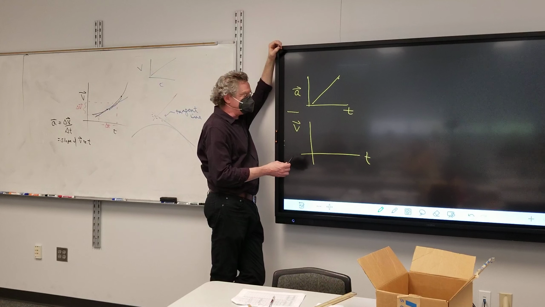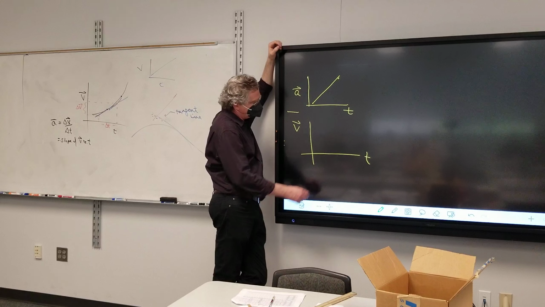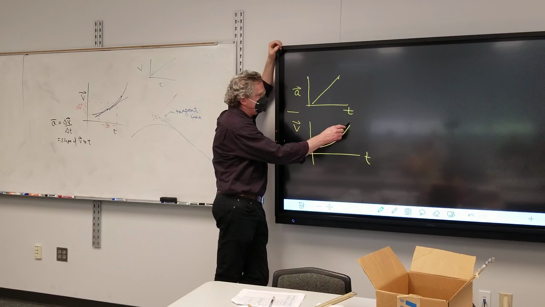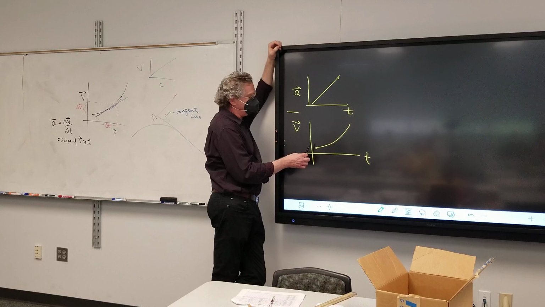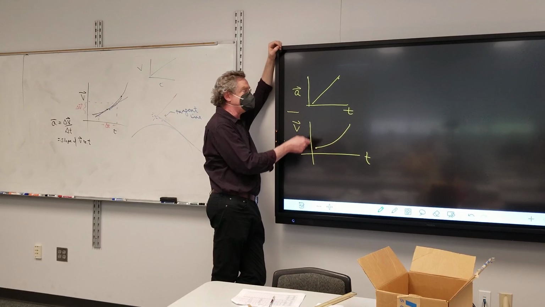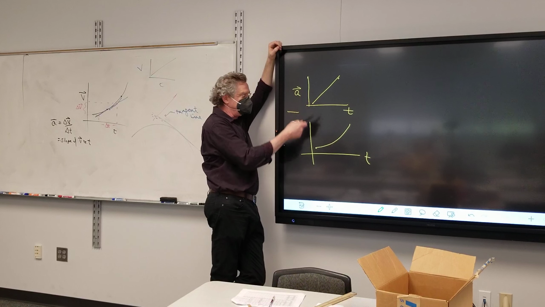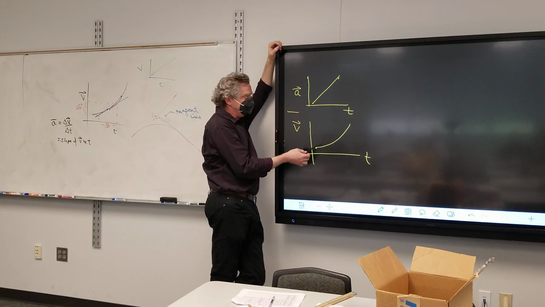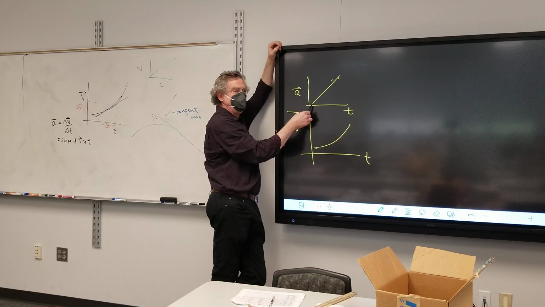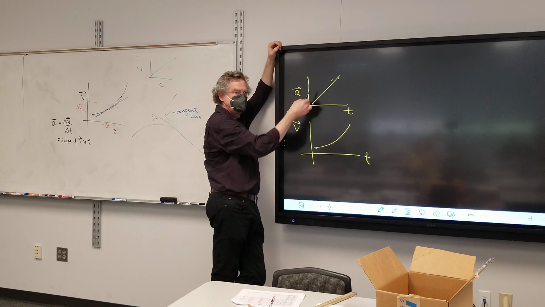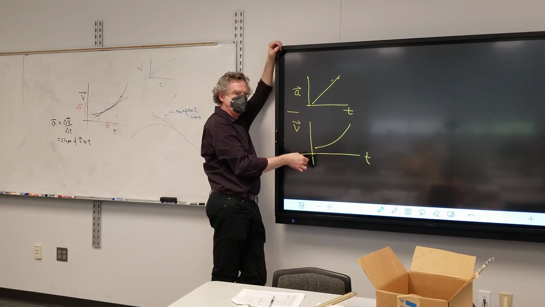Now I can double check myself by going, all right, if this were my velocity time graph, would that be the acceleration graph I got? Well, it starts out at a low slope, and the slope steadily increases. So it starts out with a low value and steadily increases. So that makes some sense.